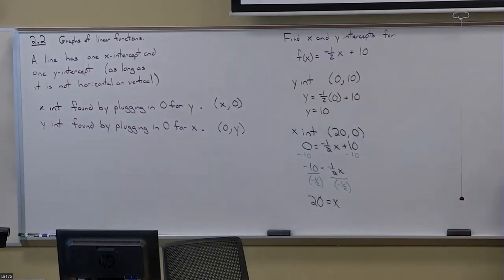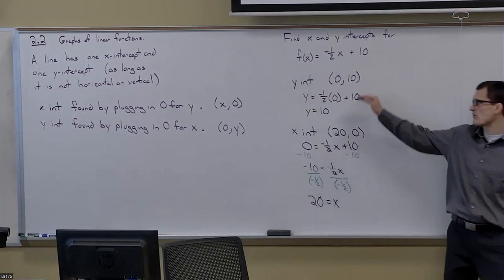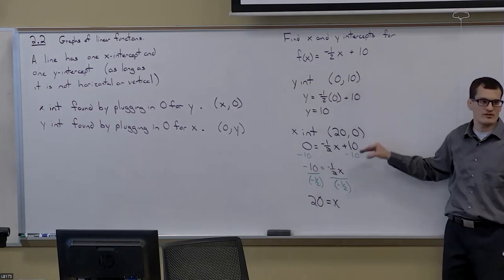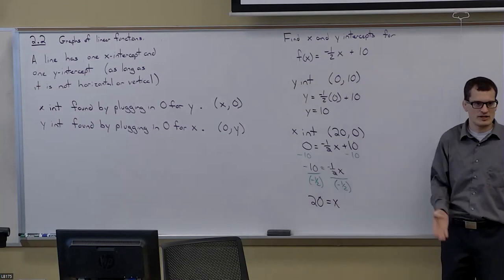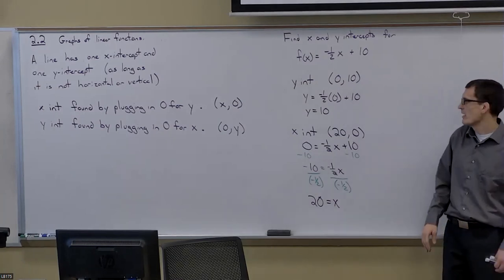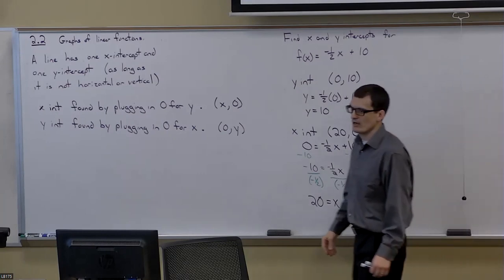By the way, if you have the x-intercept and the y-intercept, and they are 2 different points, then you can also graph the line using these 2 points. Just plot the 2 points and then draw a straight line between them, and you're good to go.